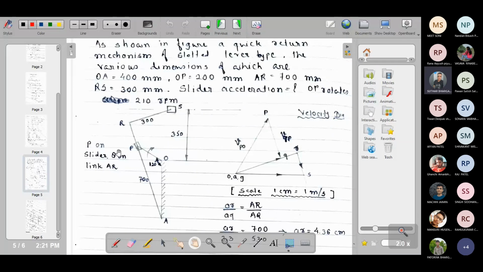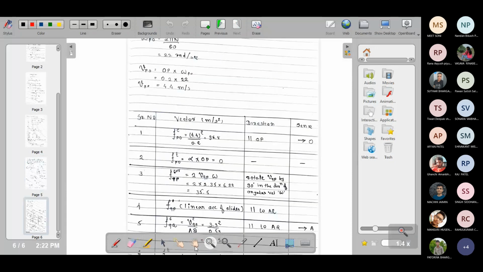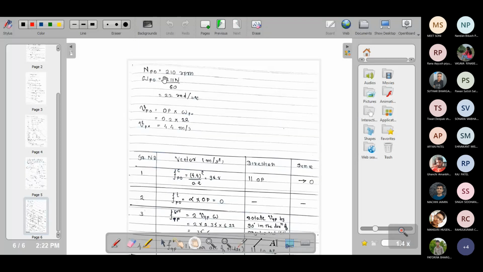Sir, by finding the angular velocity first of all. Yes, omega is 2 pi n by 60. So it is 210 times 2 pi divided by 60. Good, this is what I have calculated. RPM is given as 210. So this is the angular velocity of P with respect to O. Now I can find the velocity of point P with respect to O: V equals R omega.